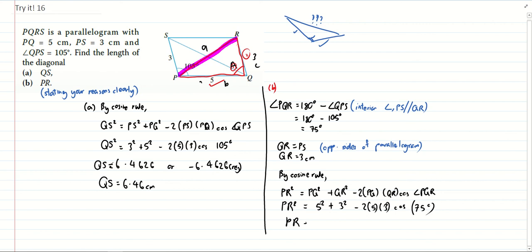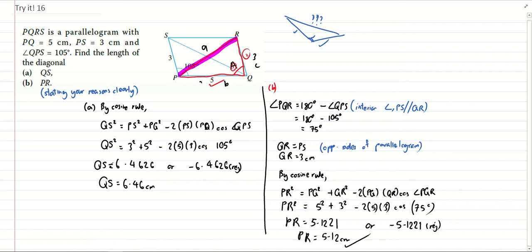So PR equals the square root of 3 squared plus 5 squared minus 2 times 5 times 3 cosine 75, which is 5.121 cm. Of course, we include the negative side even though we know we will reject it. So PR equals 5.12 cm.